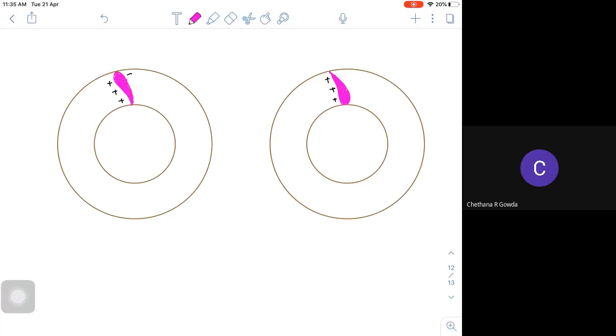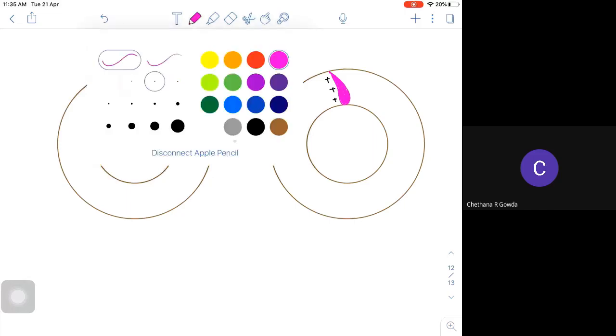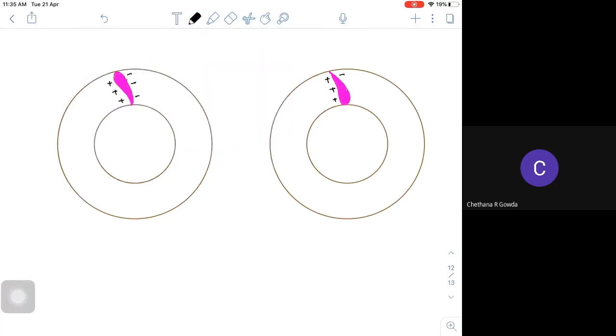So your convex surface is always the suction side, and the concave side is the pressure side. Here too it has a pressure side and a suction side.